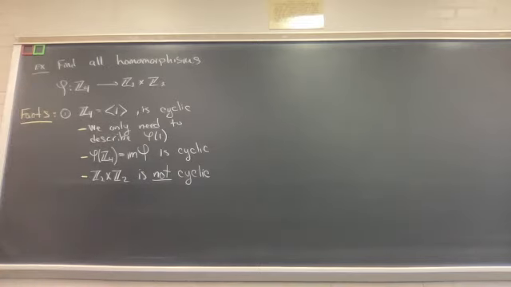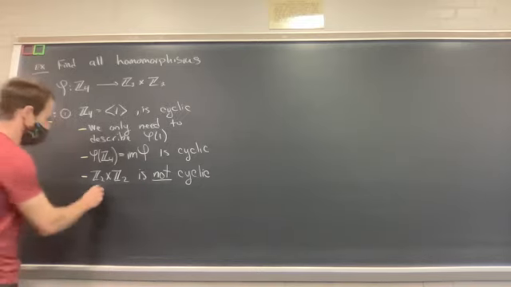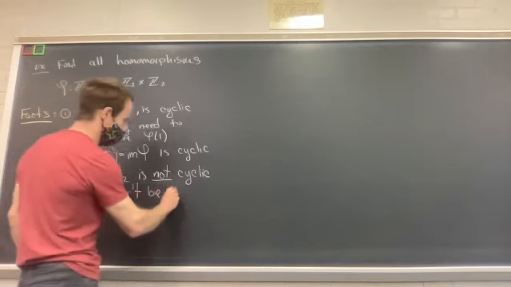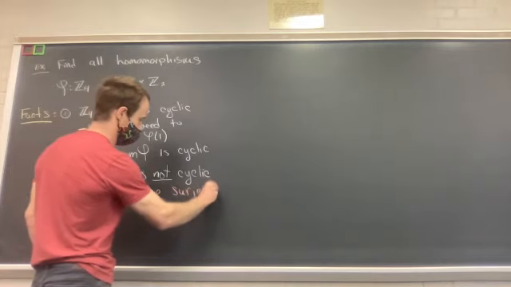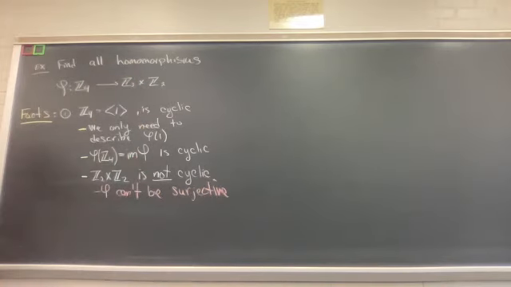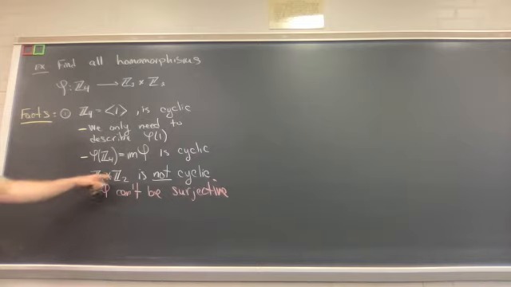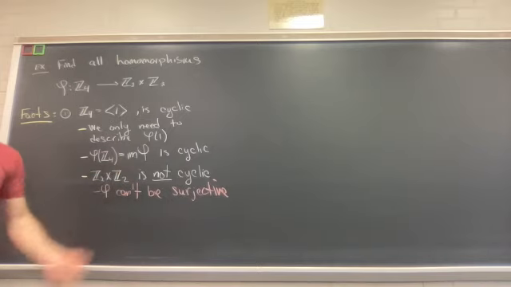So this gives us something immediately, which is that phi can't be onto. It can't be surjective, because if it were surjective, the image would be everything, and then Z2 cross Z2 would be the image of a cyclic group, which means it's cyclic.